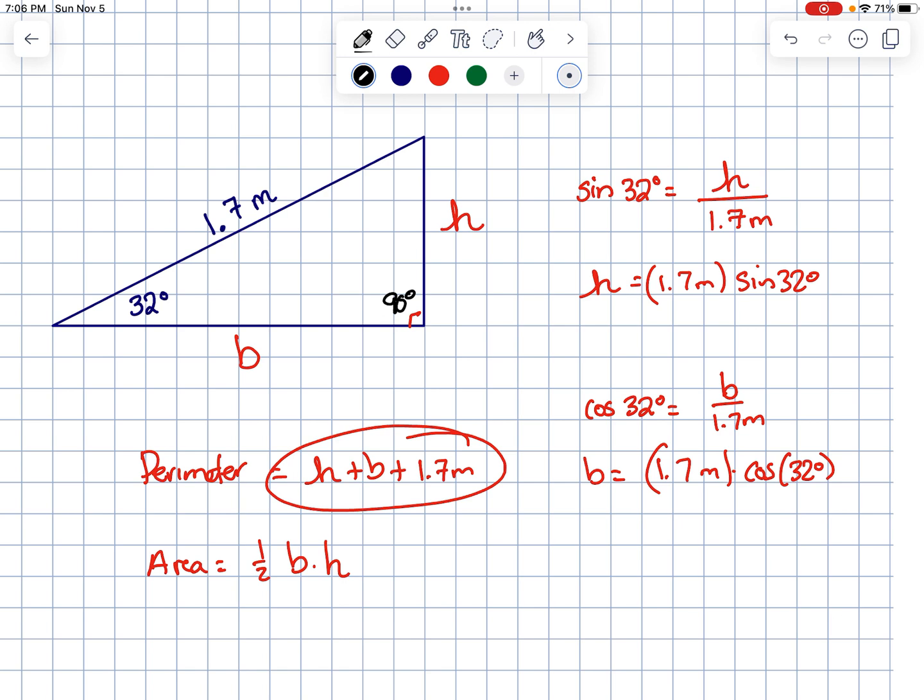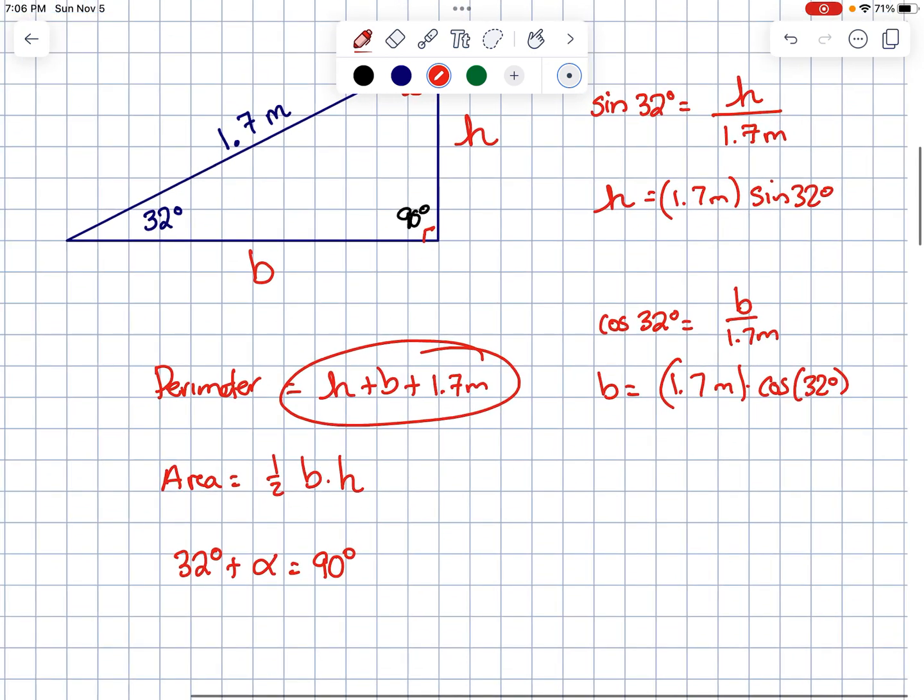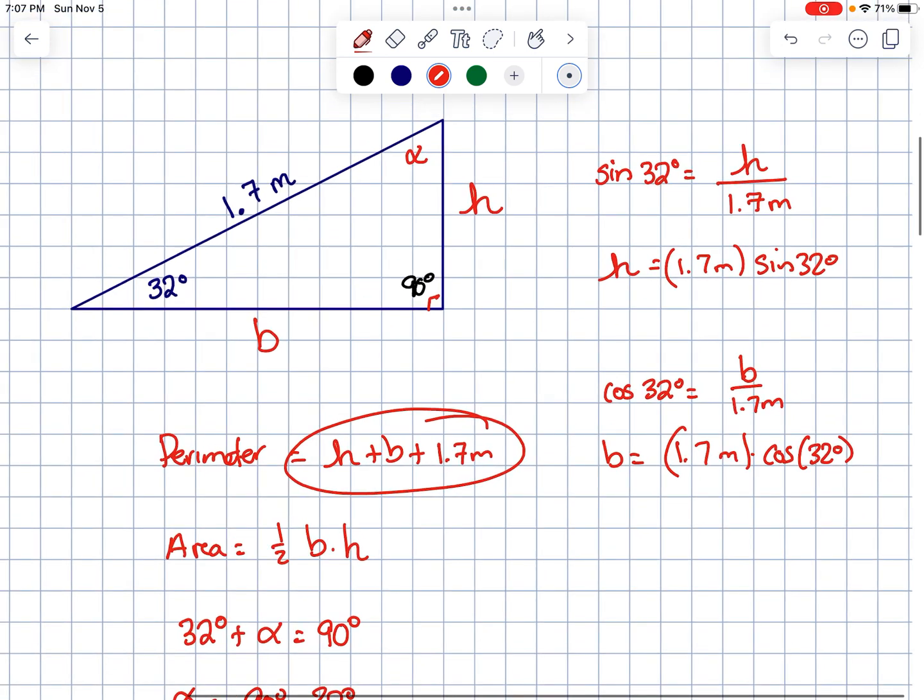If we wanted to find that other angle, we'll call it alpha. Then 32 degrees plus alpha has got to equal 90 degrees. And so we can subtract 32 from both sides, and we can find alpha. It will be 90 degrees minus 32 degrees. We call those two angles complementary because they add up to 90. So that's how we're going to use trigonometry for basic right triangles. Okay?